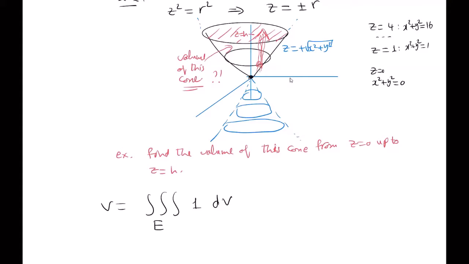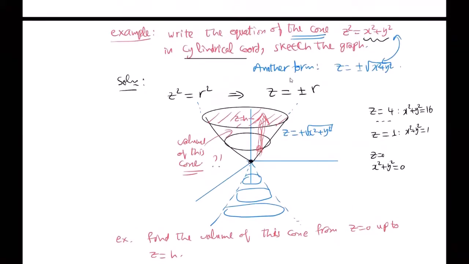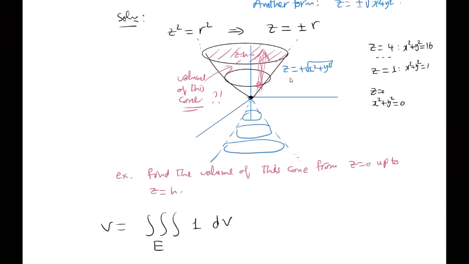Yes, it's from z equals 0 up to z equals h, but he said the cone. So we take half of the cone, the upside down cone, the one on top. Sorry, I thought he wanted the whole one. Okay, from z equals 0 up to z equals h.